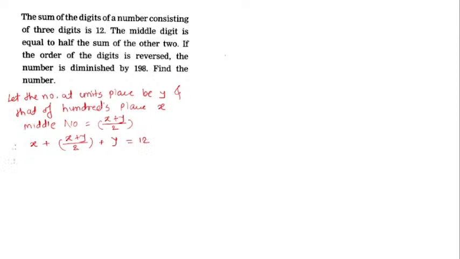As there is 2 in the denominator, we have to eliminate this denominator. So for that one, we have to multiply the remaining terms by 2. So 2 into x, that should be 2x plus दुसऱ्या टर्मला जर 2 ने मल्टिप्लाय केलं तर एकमेकाला निघून जाईल, म्हणजे फक्त न्यूमरेटर शिल्लक राहील x plus y plus 2 into y, 2y, that is equal to 12 into 2, 24. तर हे इक्वेशन आपल्याला मिळेल 2x plus x that is 3x plus y plus 2y that's 3y is equal to 24.